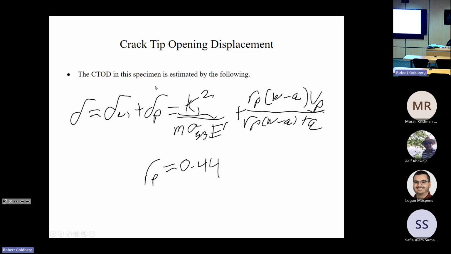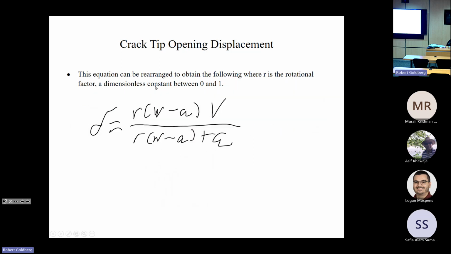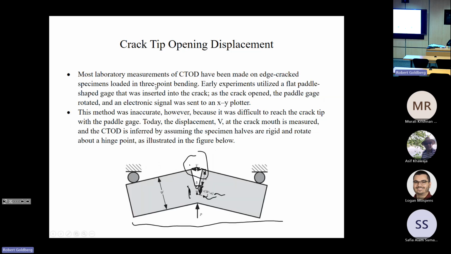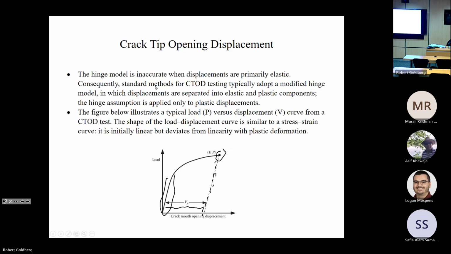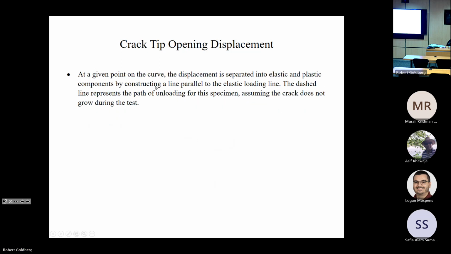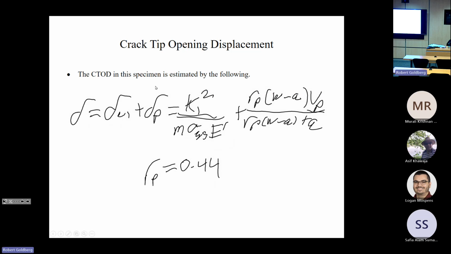For linear elastic conditions, it reduces to the small scale yielding result, and when the real displacement V that we measured is close to this V_P, then this plastic term dominates. So if it's primarily elastic, it is primarily this. If it's primarily plastic, it's this. And if you have somewhere in the middle, that's where you add in the components. Okay.